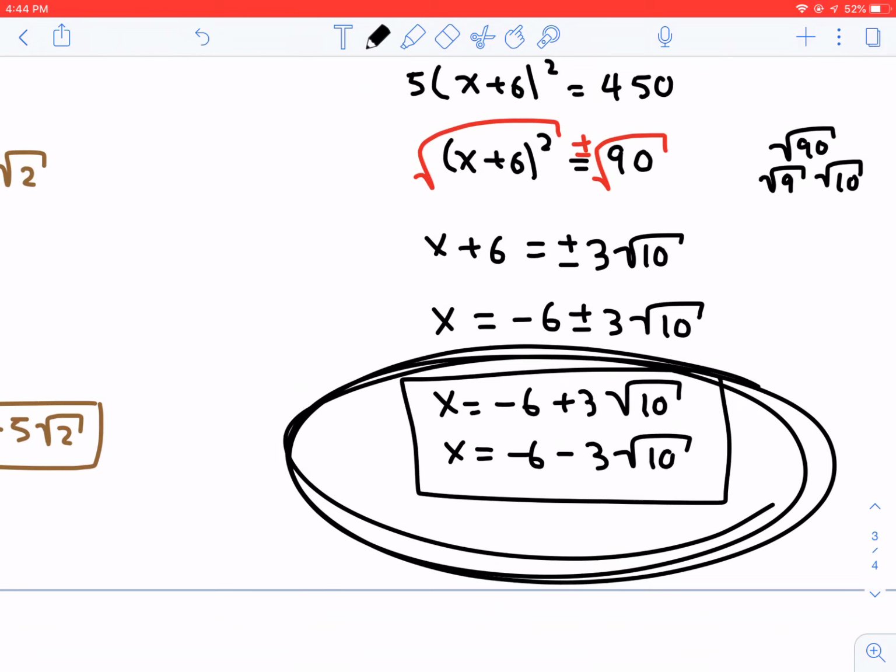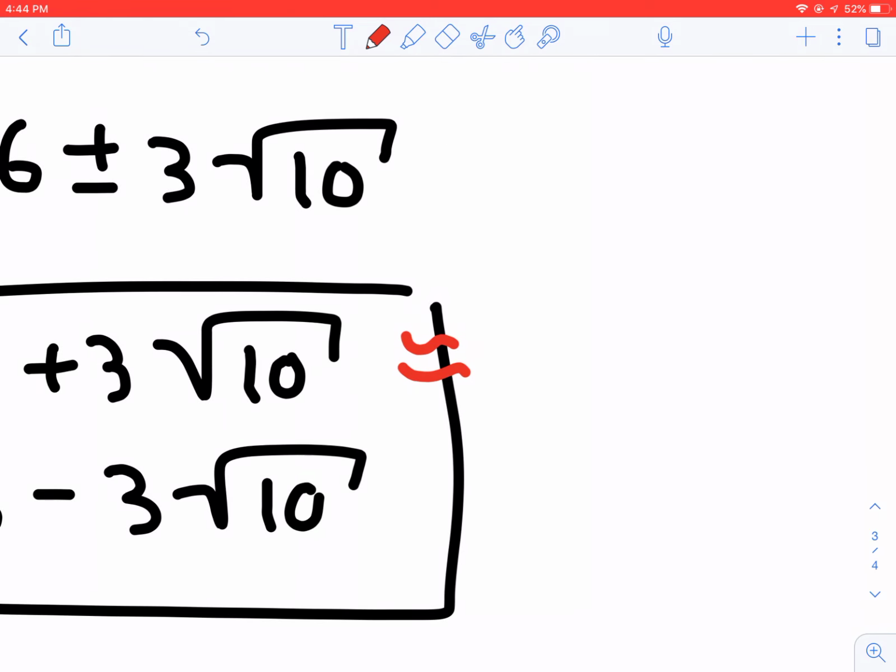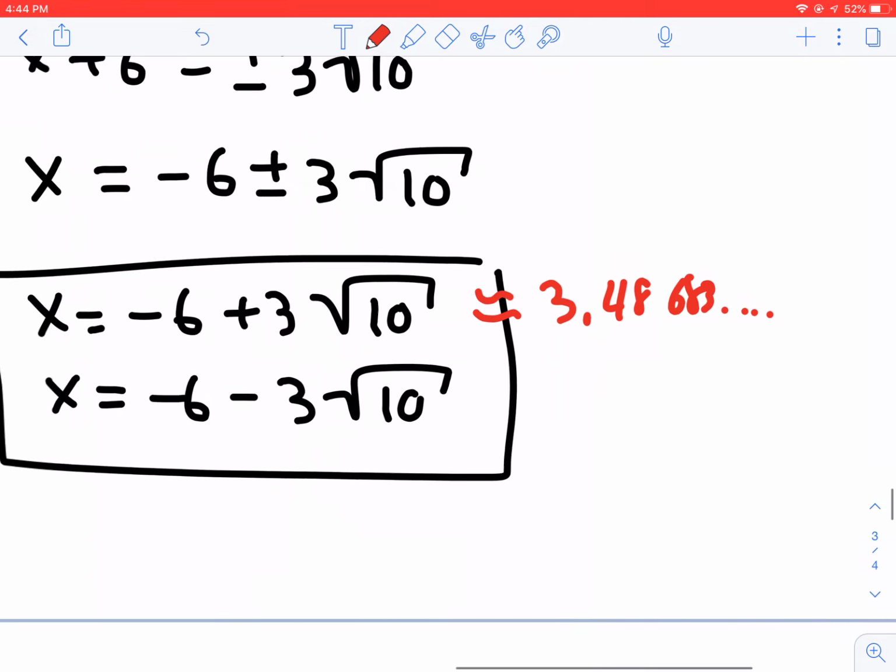Do not type any of that into a calculator, right? But you should know that these are equal to some decimal values. So actually, just for this case, I'm going to type it into the calculator, just so we can see that this is just equal to a number that is about 3.48683 something something something, right?